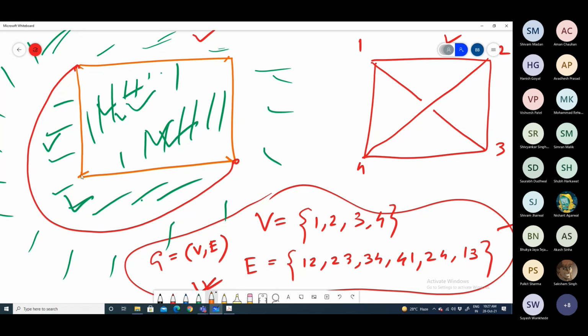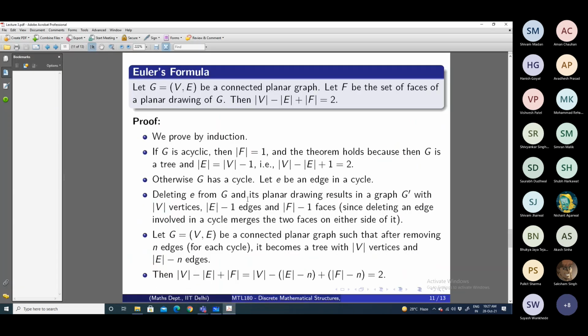So if you delete one edge from a cycle, your faces will be one less, since deleting an edge involved in a cycle merges the two faces on either side of it.